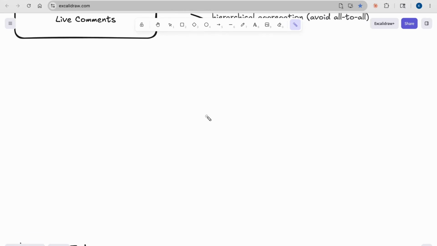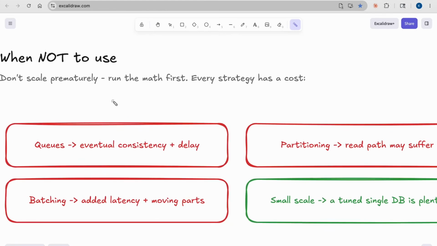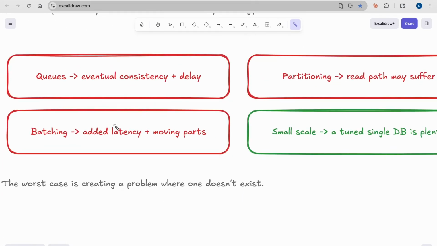And when not to use it: do not try to scale prematurely, just do back of the envelope estimations and throughput calculations. This is very important to understand, when it is not necessary.